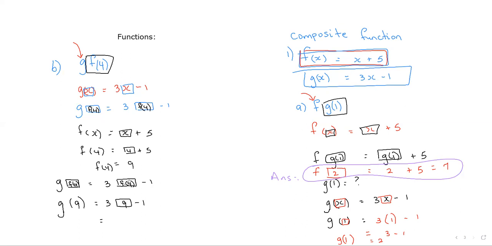Everywhere I had f of 4, I'll just replace it with 9 because f of 4 is 9. So I solve it then. 9 3s are 27 minus 1, and that's 26. So basically, g of f of 4 is the same as g of 9, which is equal to 26.